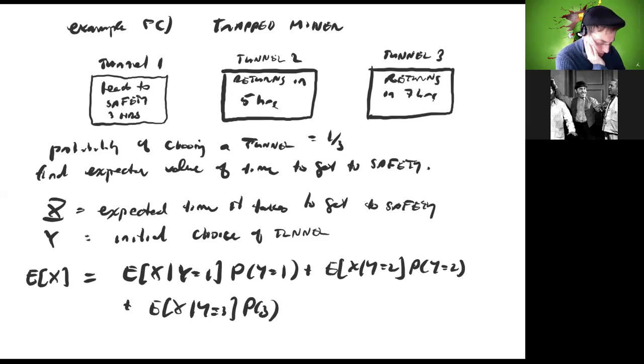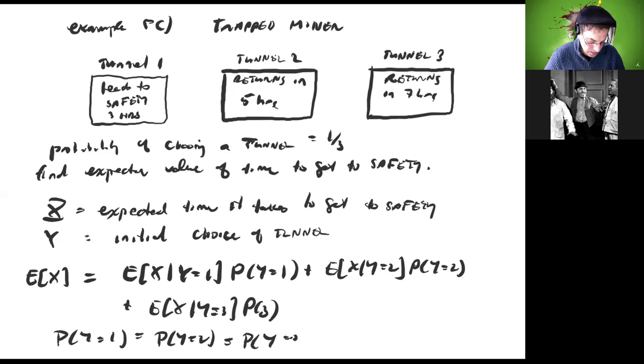We know the probability that y equals 1, 2, or 3 is all a third. That's given. So we have to compute the other terms of the expression in order to get the answer.